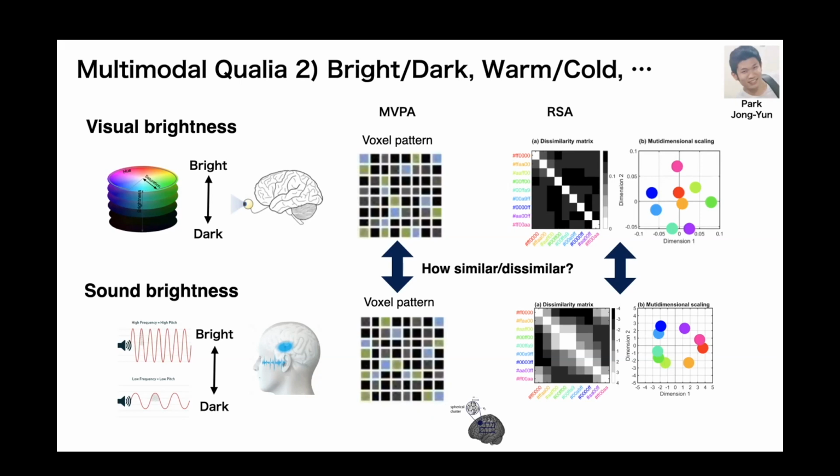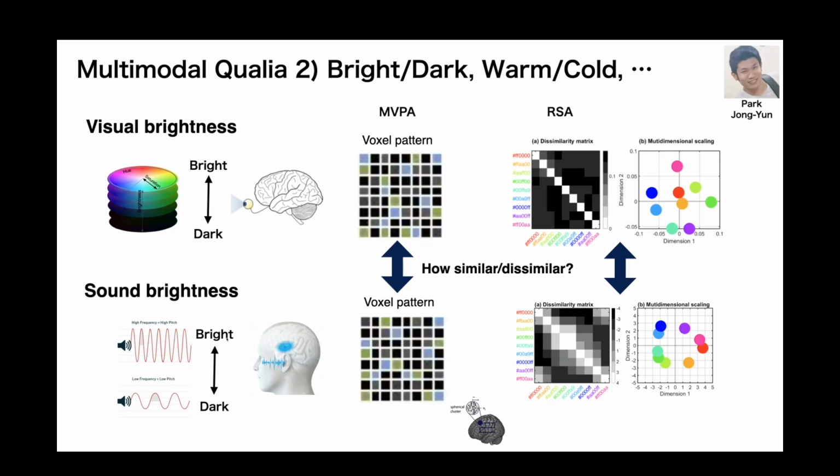Jong-Yoon, who recently joined my lab, and with him we are planning to do multimodal Qualia like brightness, darkness, warmth, coldness. For instance, we can measure from visual information how bright or dark it is, and we can create Voxel patterns.